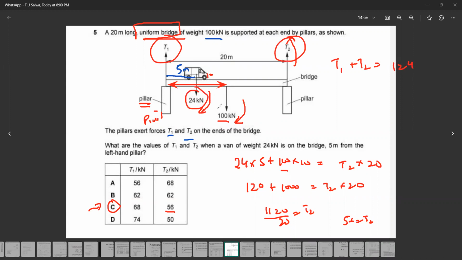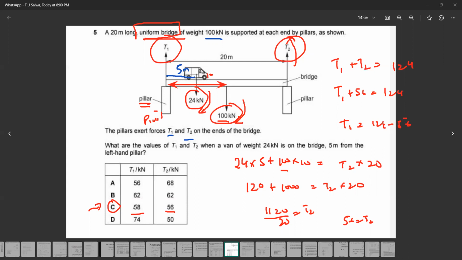Why? Because 24 and 100. After getting T2, T1 plus 56 equals 124, so T1 is 124 minus 56. So we'll get 68. So C will be the right answer.